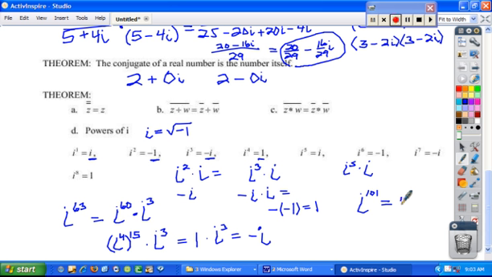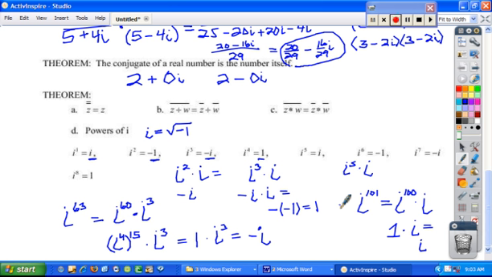You split it up into a power divisible by 4. As you can see here, the power divisible by 4 is going to end up being just 1 times your leftover, which is either going to be i cubed, or i. In this case, it's i.